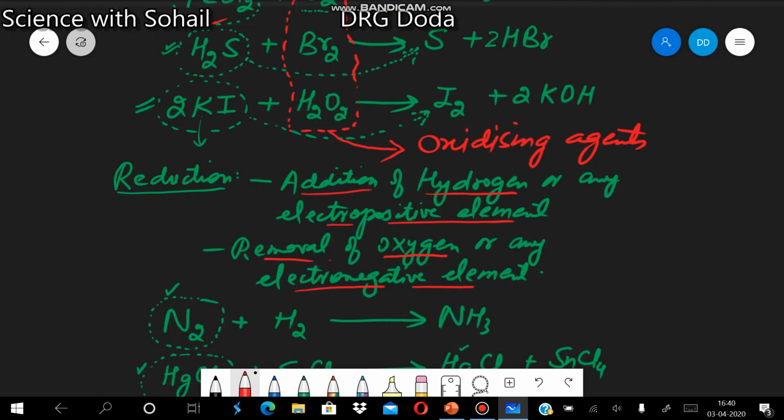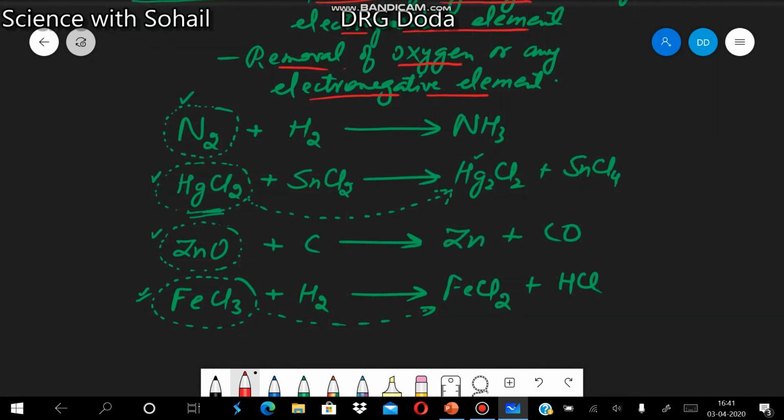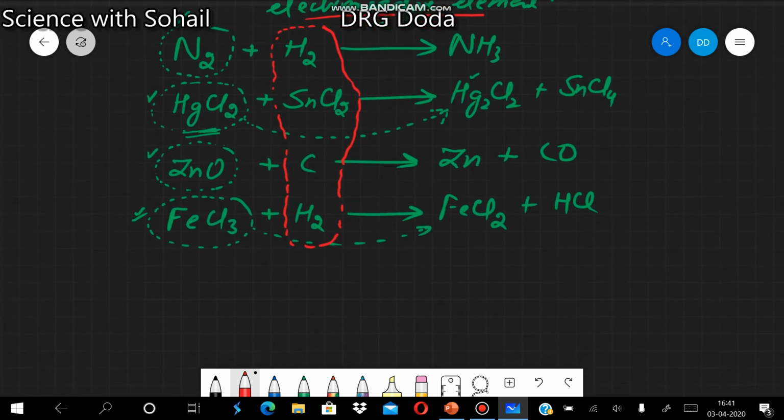Similarly, coming on to the cases of reduction, in the examples we have discussed, we saw nitrogen, mercuric chloride, zinc oxide, ferric chloride. These are the species which are undergoing reduction. Now which species are responsible for that? Hydrogen, stannous chloride, carbon, hydrogen. These are the species which bring about the reduction in these cases.